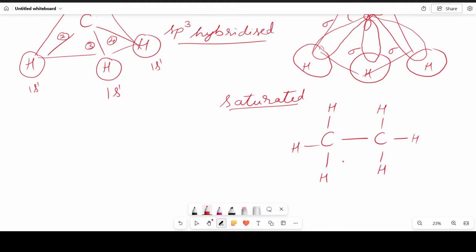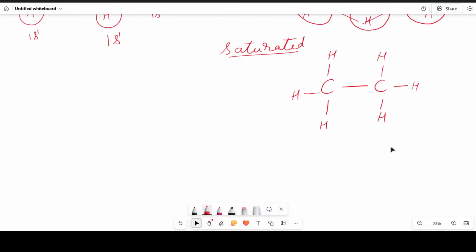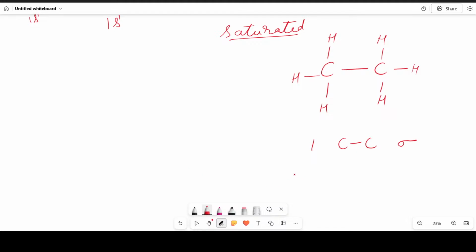So you can see how many types of bonds there are here. 1 carbon-carbon sigma bond, and 1, 2, 3, 4, 5, 6: 6 carbon-hydrogen sigma bonds. So what is the name of this molecule? It is ethane, and it is a saturated hydrocarbon. So much is clear?